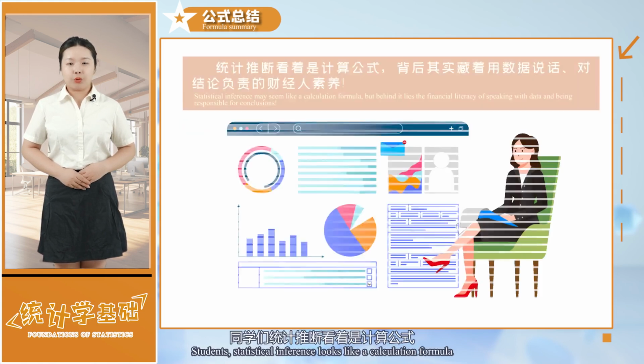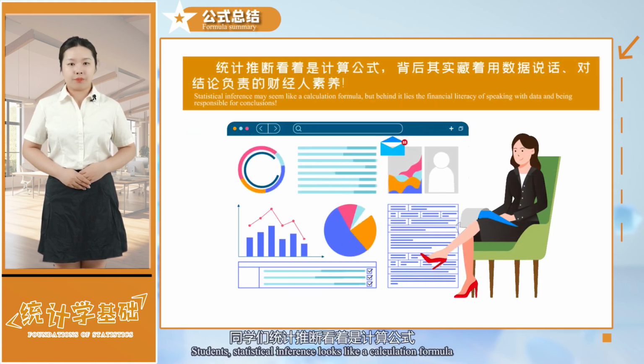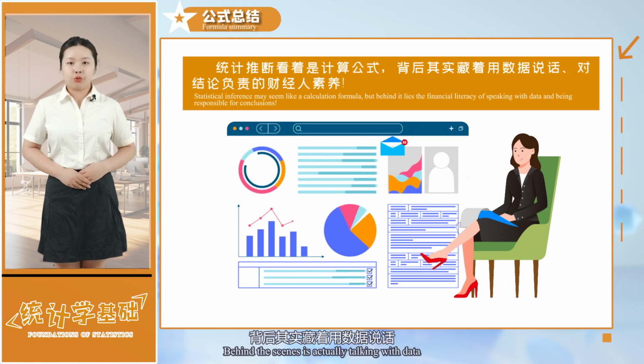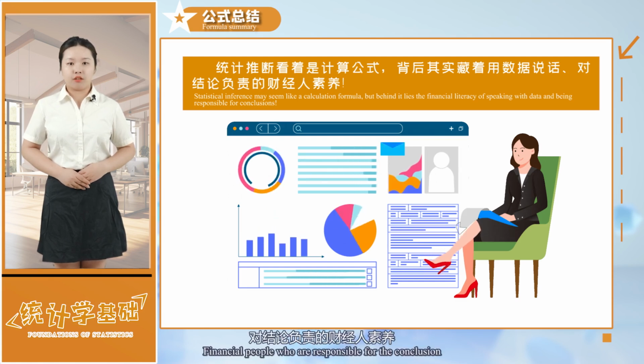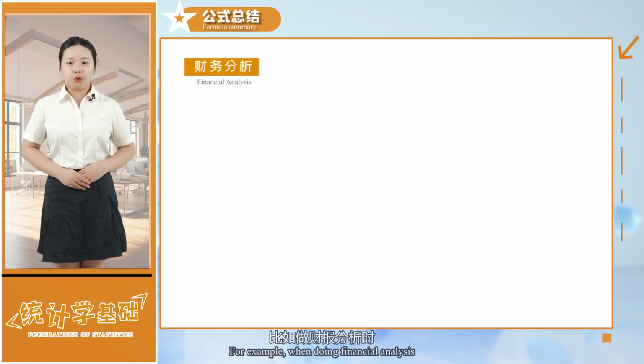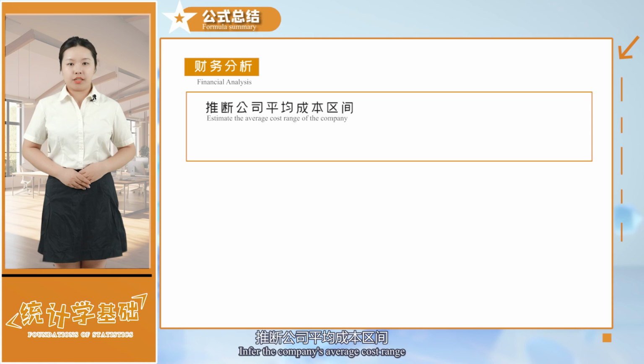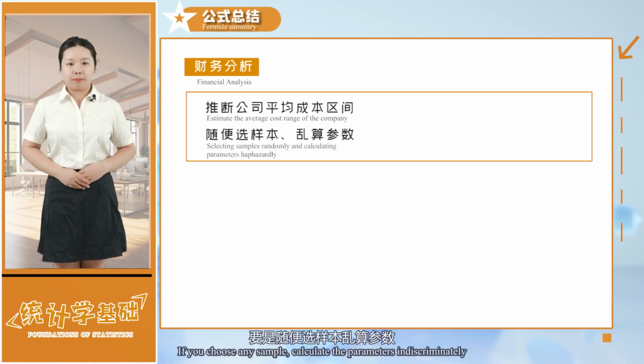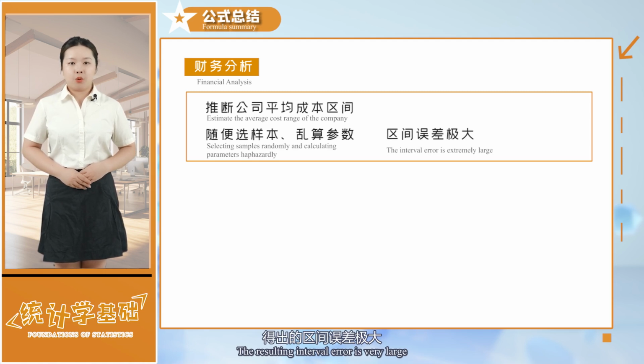Students, statistical inference looks like a calculation formula, but behind it is actually a conversation with data. Financial people are responsible for their conclusions. For example, when doing financial analysis to infer the company's average cost range, if you choose any sample and calculate the parameters indiscriminately, the resulting interval error is very large and will dig a big hole in decision-making.